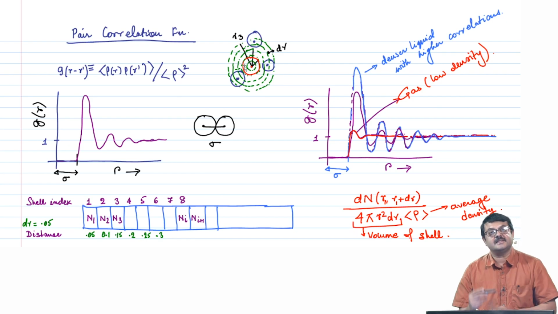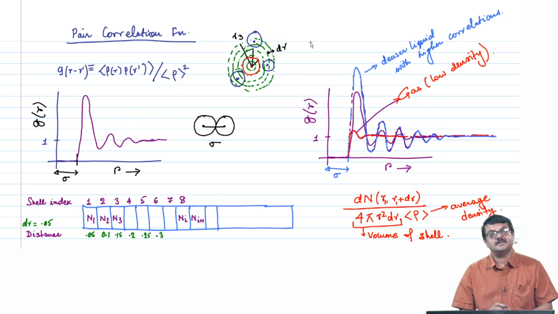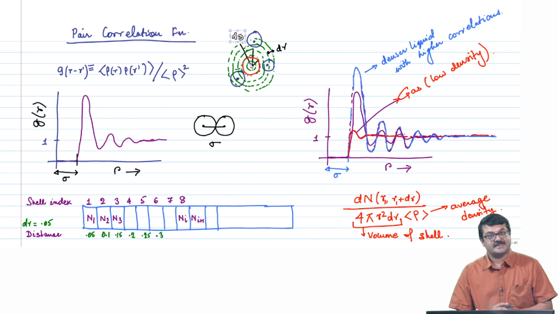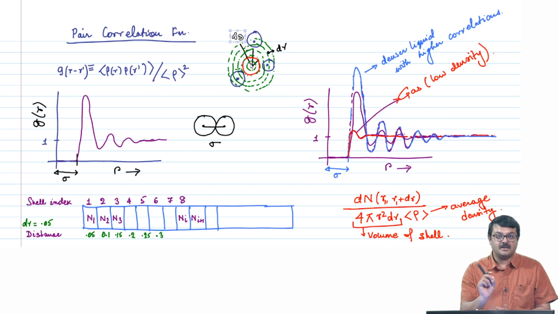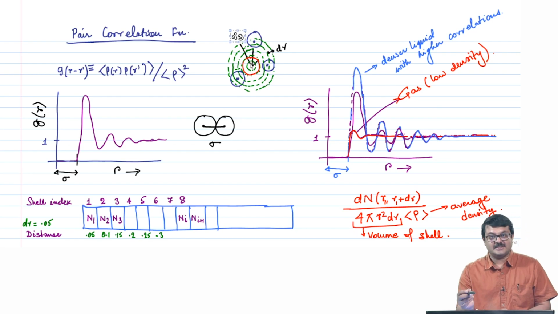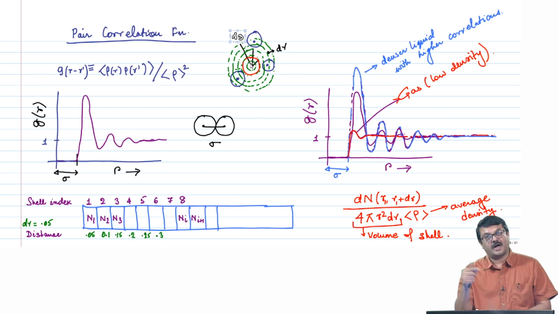Now, these concentric circles are of width dr, and they will be at distances r1, r2, r3, r4 and r5, further and further away from the center of the particle in choice. Then you basically calculate within each shell, that is at distance r1 to r1 plus dr, that is the width of a shell, and r2 to r2 plus dr, and r3 to r3 plus dr, how many particles are there.